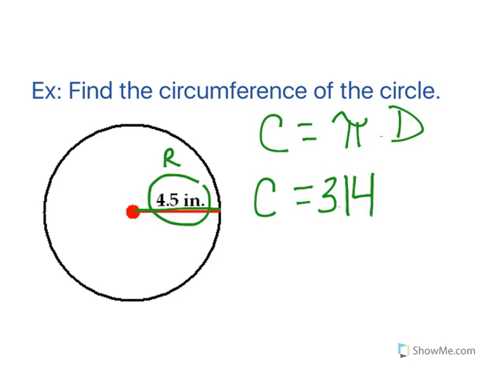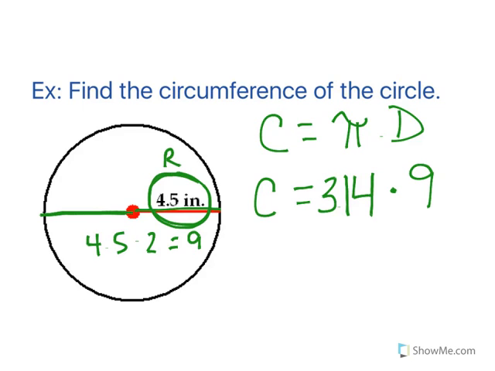My diameter is actually twice my radius, so all I have to do is double this value. 4.5 times 2 is going to be 9, so I know my diameter is 9. Again, double the radius is your diameter if you're not given the diameter in your problem.